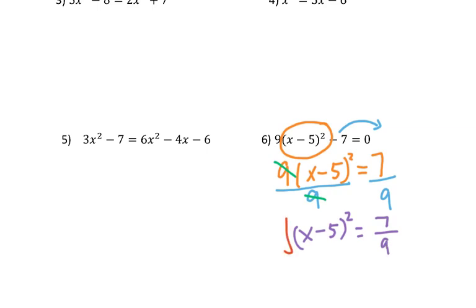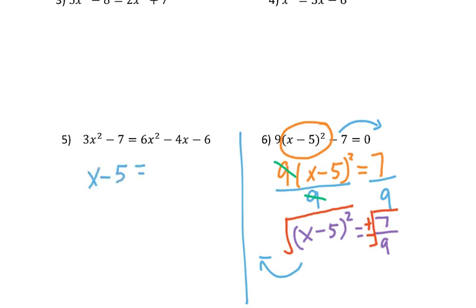Then you take the square root of both sides. Do not forget the plus or minus. So you will get, let me move over here, x minus 5 equal to plus or minus square root of 7 over 3.